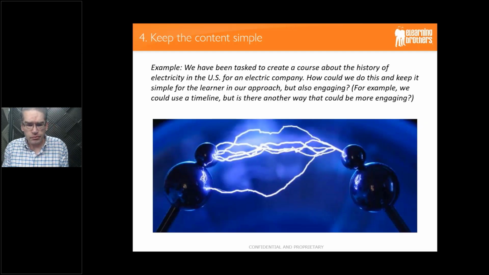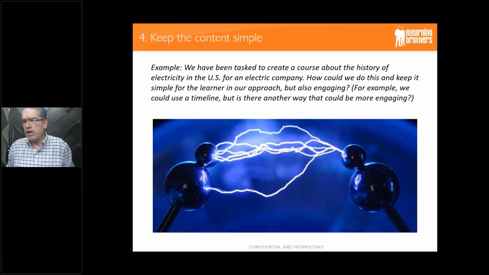An example. Let's say we've been tasked to create a course about the history of electricity in the United States for an electric company. How could we do this and keep it simple for the learner in our approach, but also engaging? So I'm going to open this up to you, the audience. Here's an example. We could use a timeline.